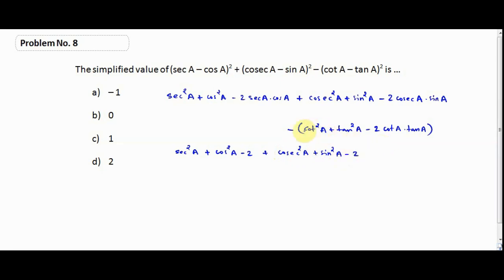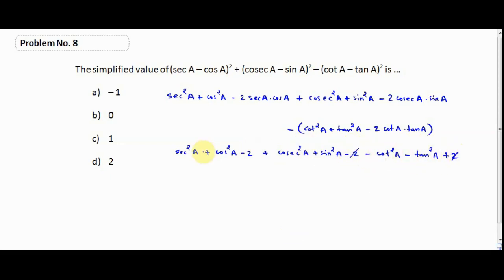Here we have minus of cot square A plus tan square A minus 2 into cot A into tan A. So this cot A into tan A will become 1. So here we will get it as minus cot square A minus tan square A plus 2. Here we have minus 2, here also we have minus 2, here we have plus 2, so these two 2's can be cancelled.